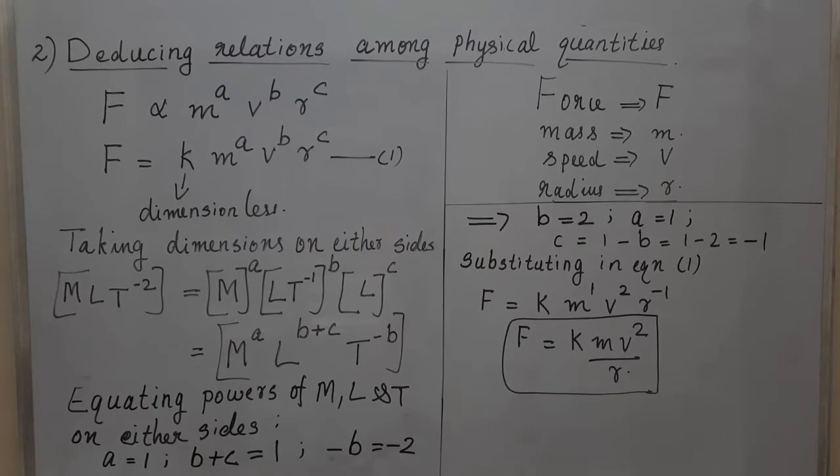So, the force acting on a body which is in circular motion depends on mass of the body, its speed and radius of the circular path.